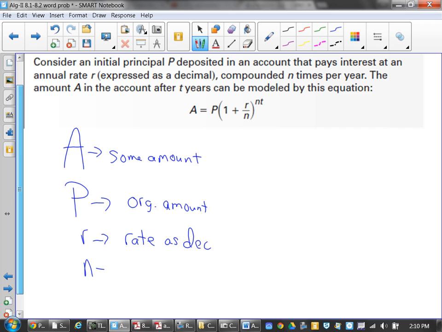This N value is the number of times it compounds, and the problem will tell you. And then T is your time in years. These are very, very easy to work with. So you have some original amount, your principal, times 1 plus your rate divided by n, to the n times t.